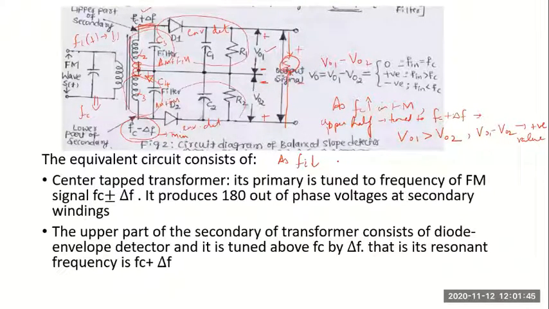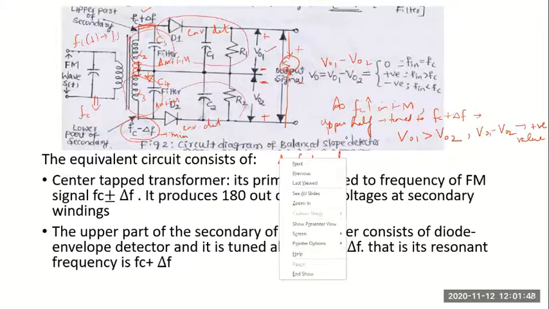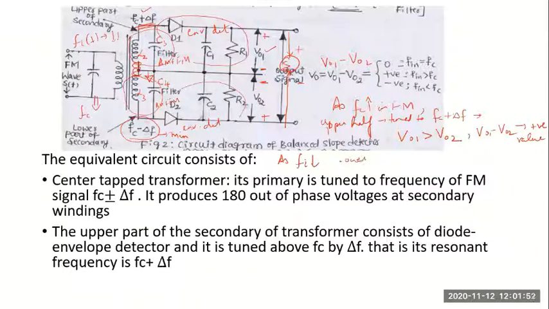So what happens when the lower half is moving towards Fc minus delta F? You can say the output from the lower half will surely be higher than the output from the upper half.